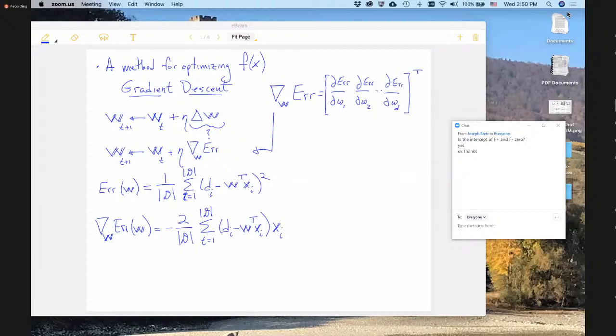And that should look kind of familiar, because if you just look at the part inside the sum, you'll notice that that is exactly what we used for the update rule for the Adeline network. So Adeline was doing gradient descent.